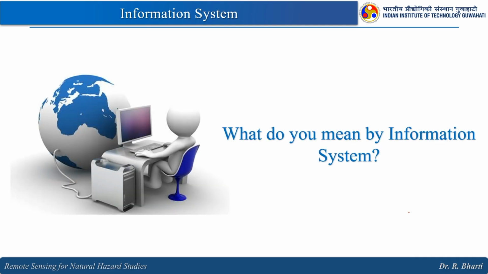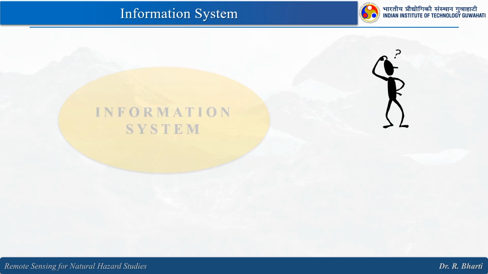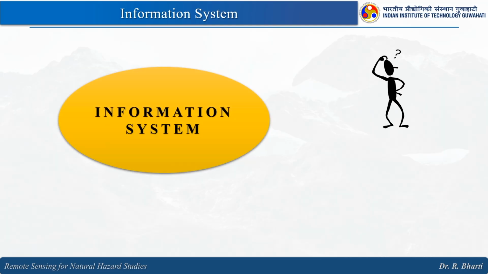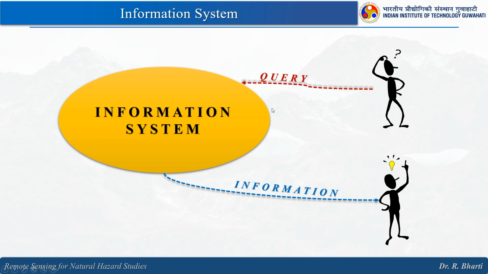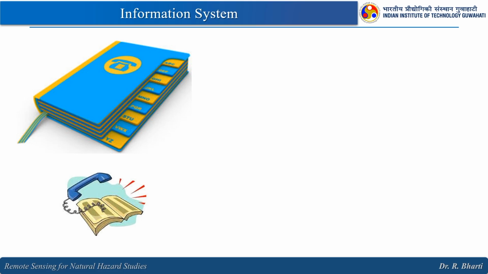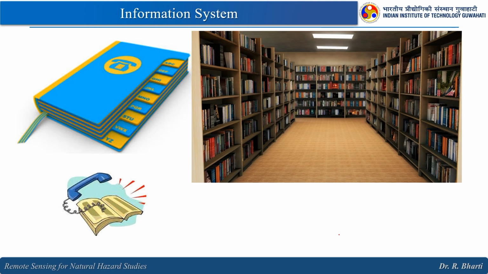Now, once we have the information, right, so we store it in the database, and then if we have any query, that will be put towards this information system, and then subsequently an answer will be generated. So, this is called information system, right. Now, here these are the examples of information system.